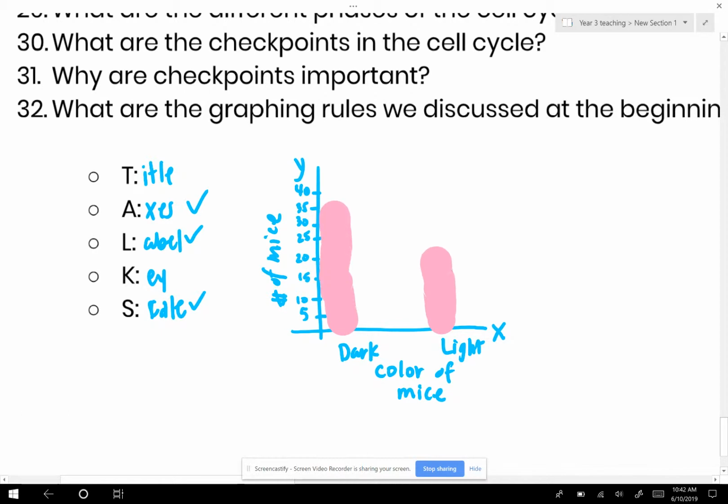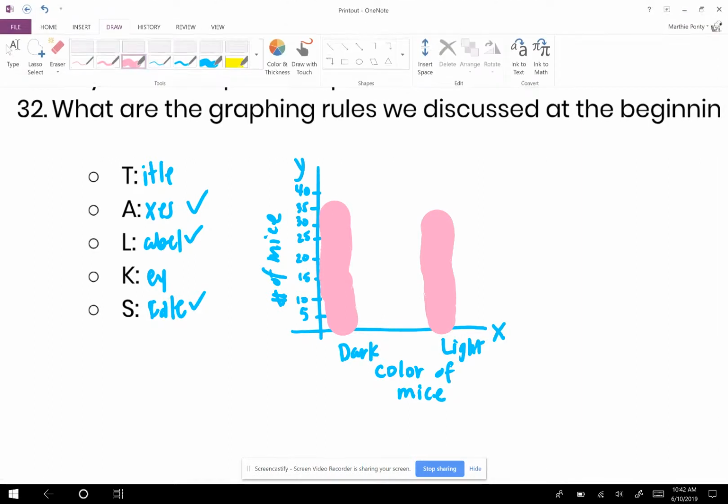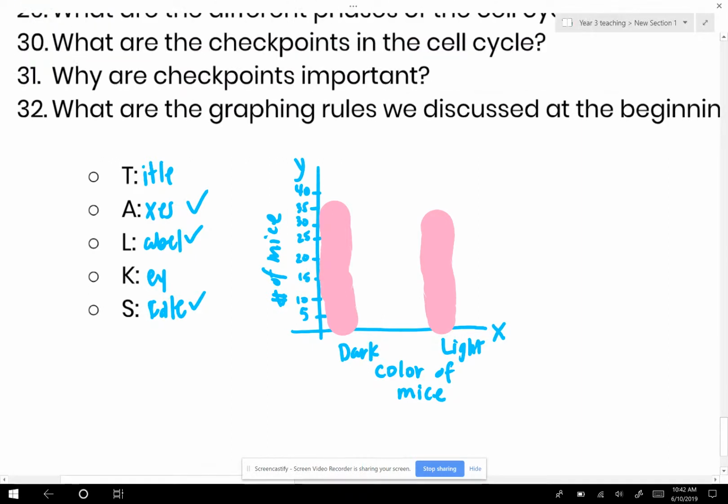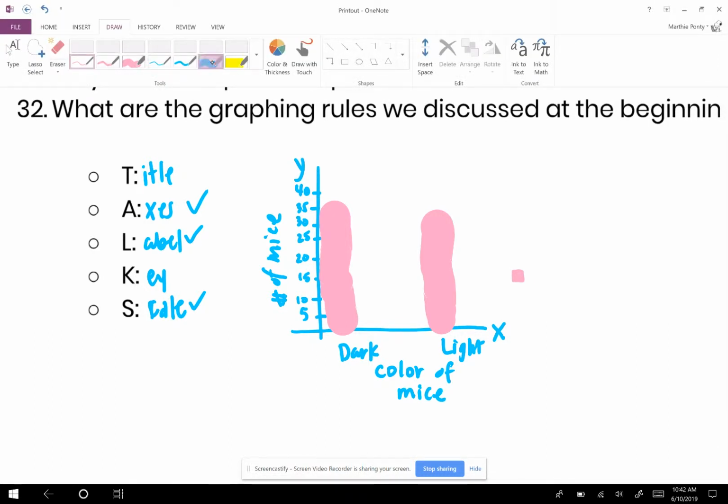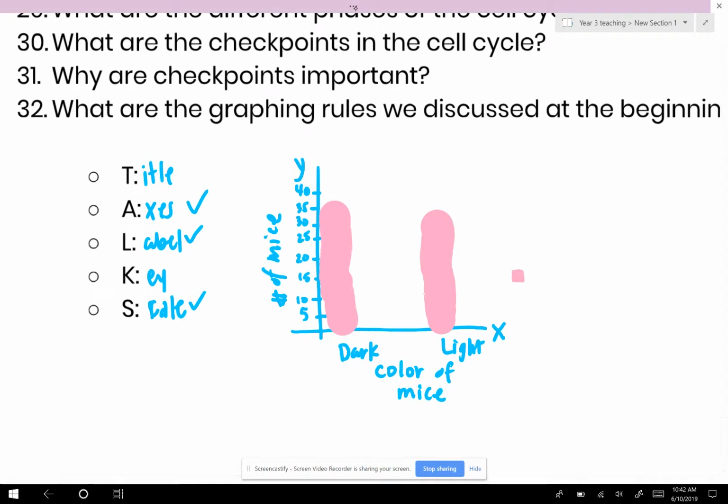Okay, so I start with 35 mice, and oh, I need a pink dot for my scale. I'm going to make this right there. And then I'm going to do my same thing. Oh, actually, I don't want blue. Let's do yellow. And then I'm going to have my afters, so I'm going to do this.